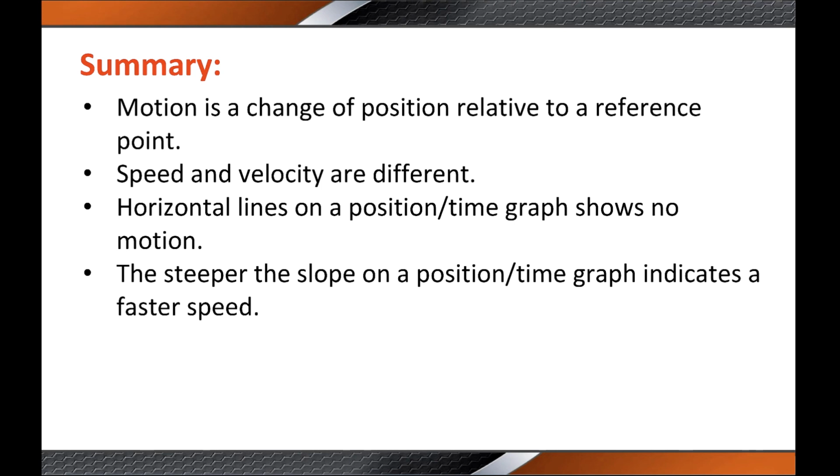Horizontal lines on a position time graph show no motion, but horizontal lines on a velocity time graph show you constant speed. On that position time graph, the steeper the slope that you have, the faster you're moving. The shallower the slope is, the slower it's going.